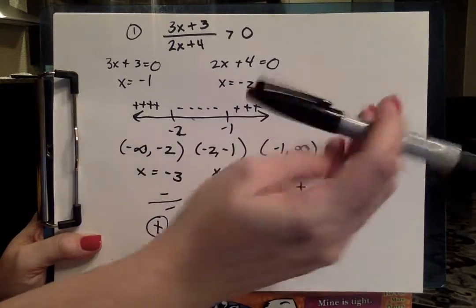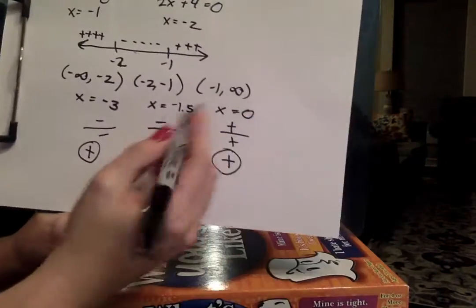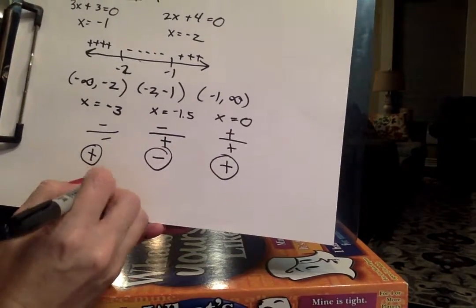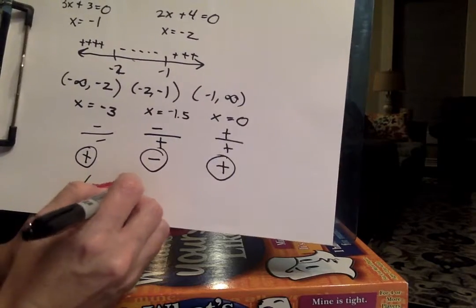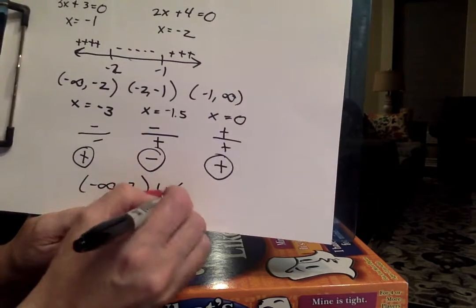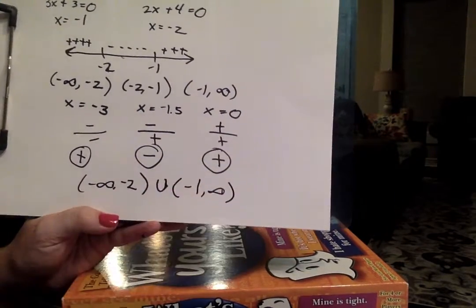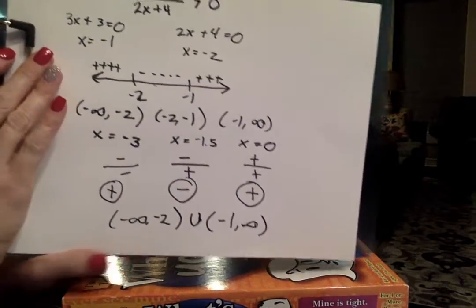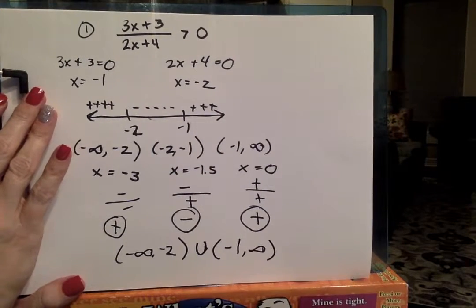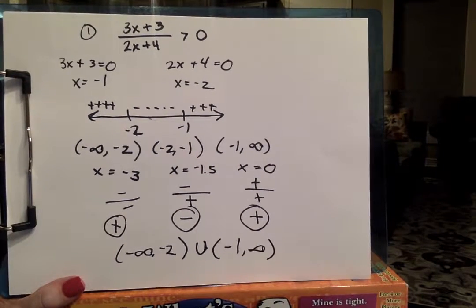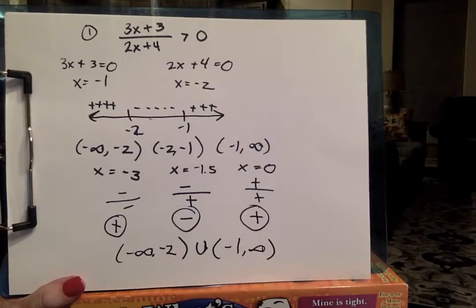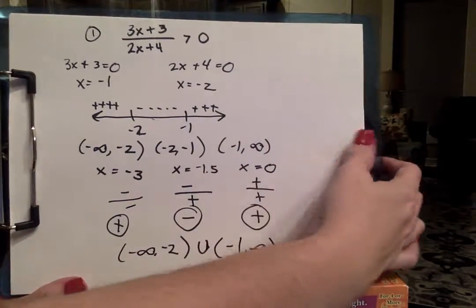So these two intervals will be my final answer. So -infinity to -2 unioned with -1 to infinity. Okay, so there is the first example that we needed to look at as far as rational inequalities go.